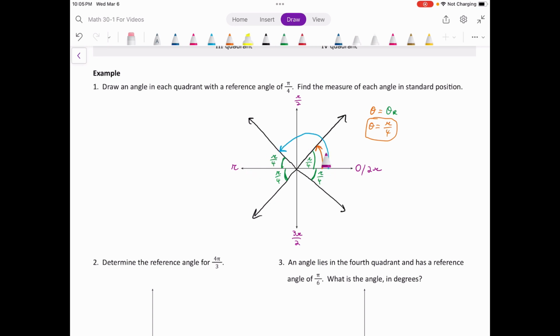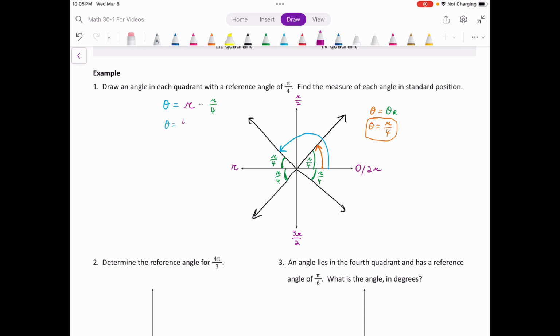So how can I figure out my angle itself, the blue part here? Well, I didn't do a full pi. I did pi minus pi over 4, for quadrant 2. If you want to get a common denominator, you can.